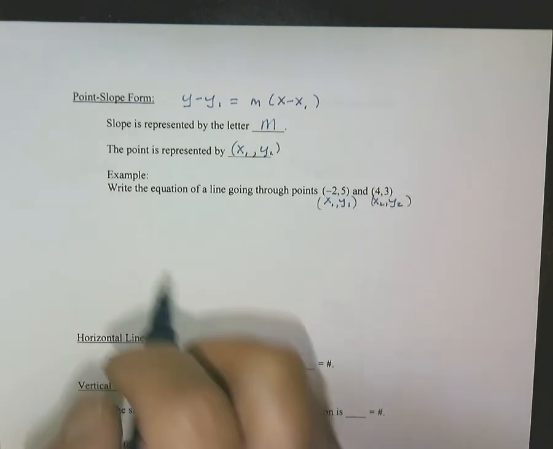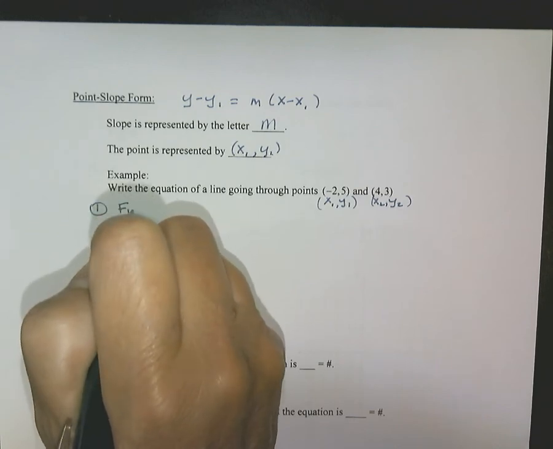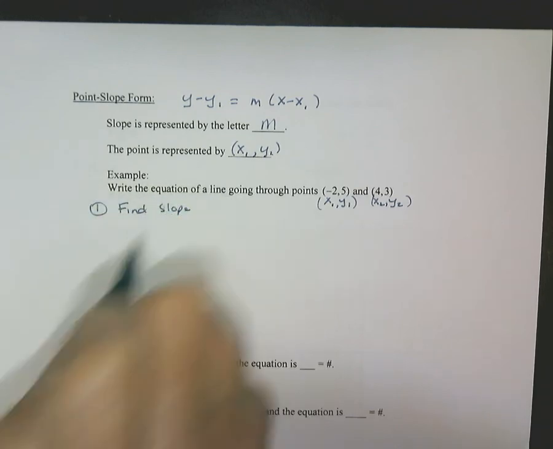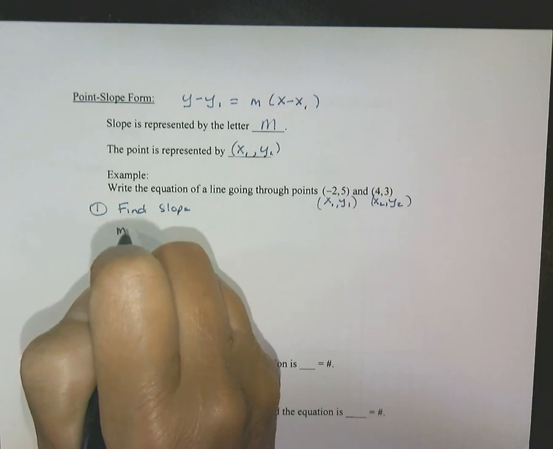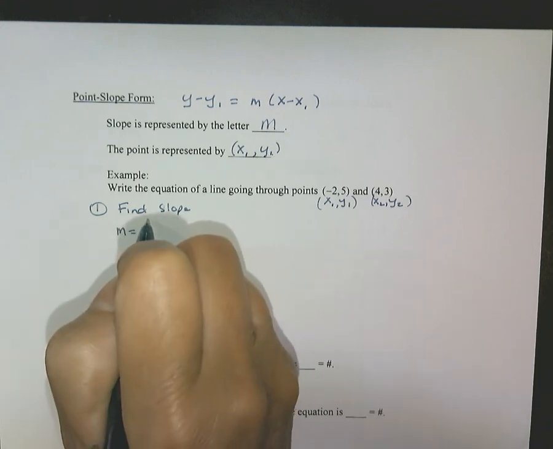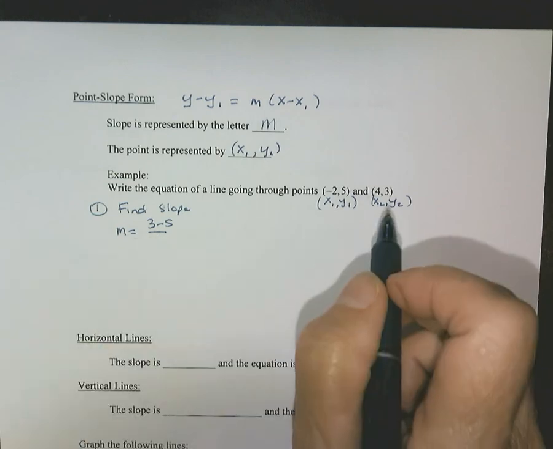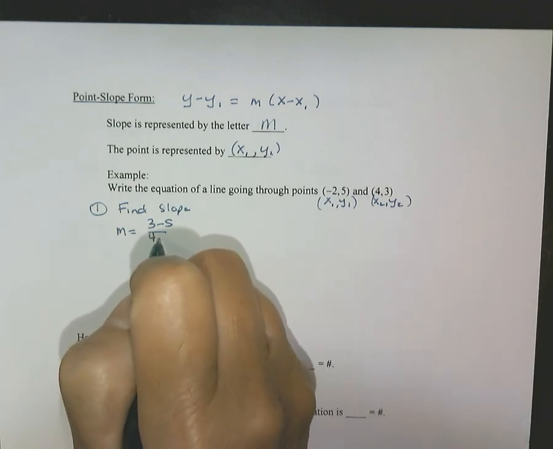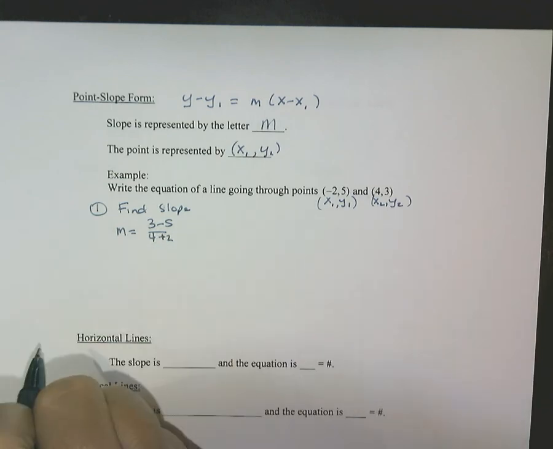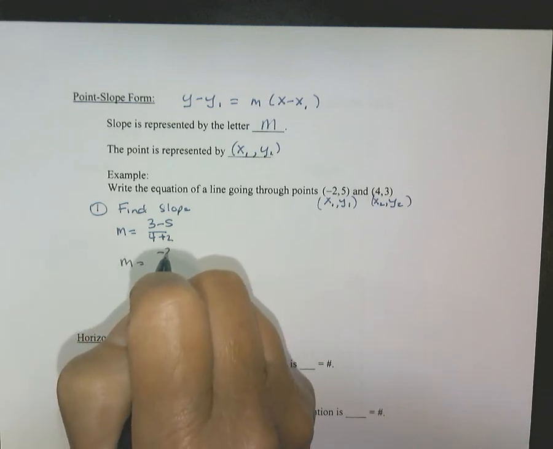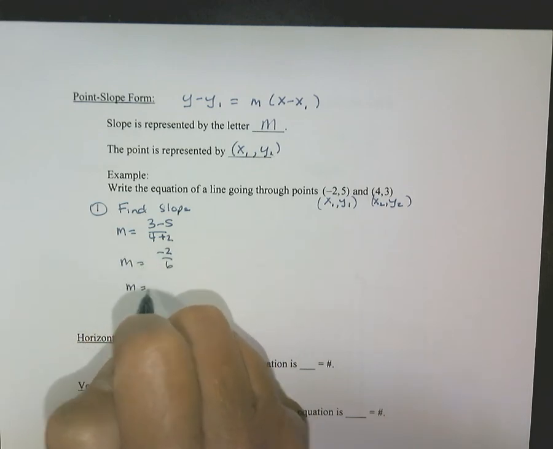So the first thing I want to do is find slope. So my slope is change in y, so 3 minus 5 over my change in x, 4 minus a negative 2. My slope is going to be negative 2 over 6, and I'm going to reduce it to negative 1/3.